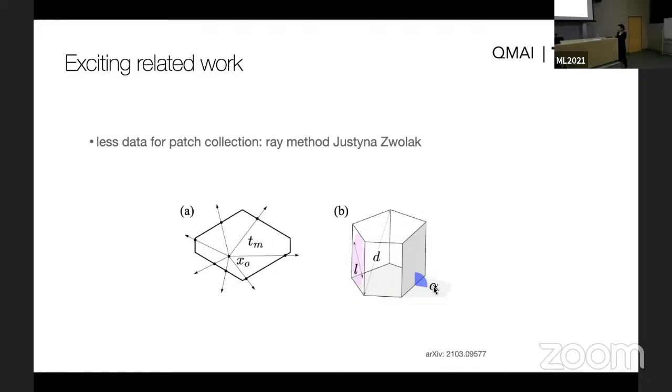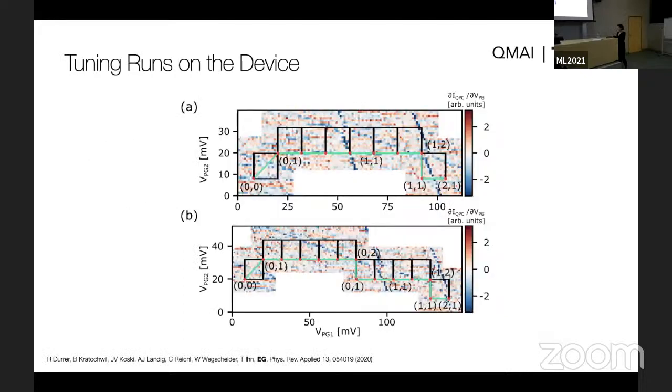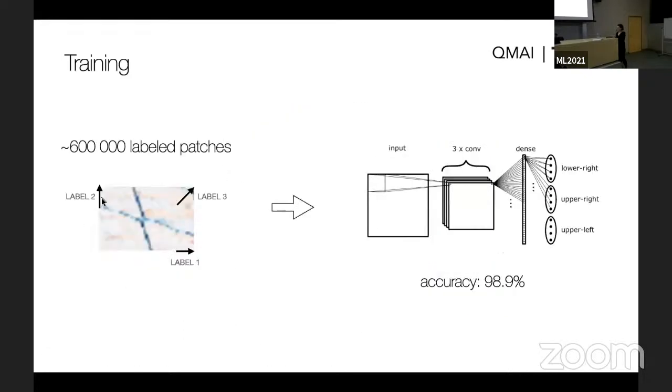There is a paper from the team of Justyna Zwolak at NIST where they instead of measuring the whole patch, only measure arrays until they find the boundary of the charge stability square, because not all points in these diagrams are equally meaningful, right? What I really just want to know is this, and all this pink stuff we measured here, that's useless.